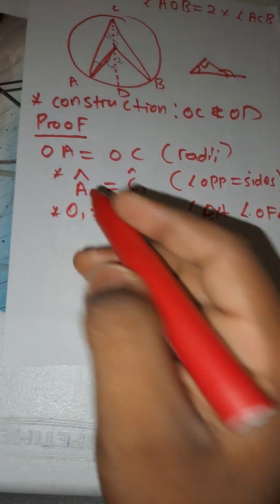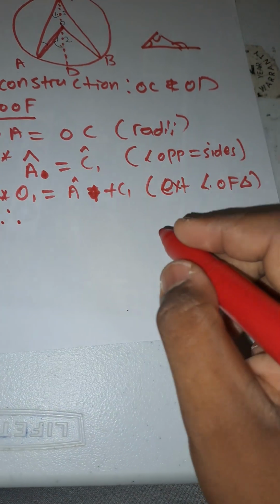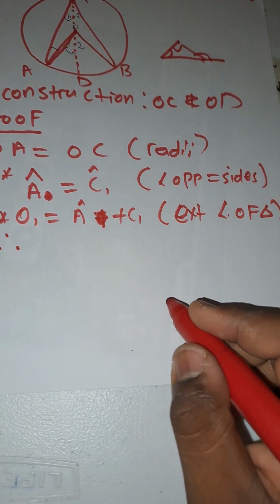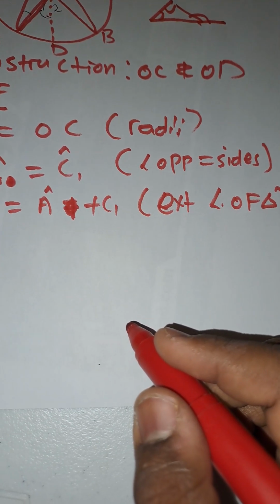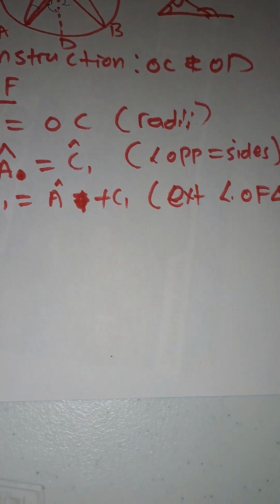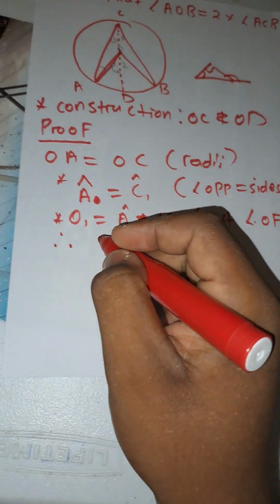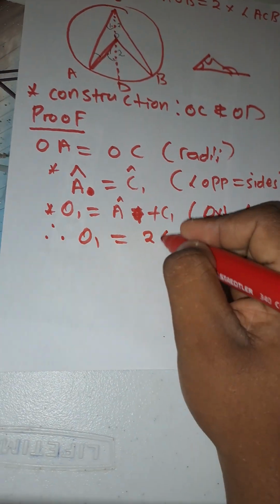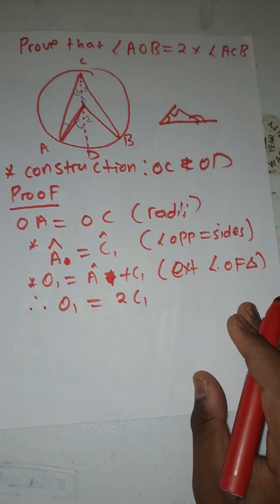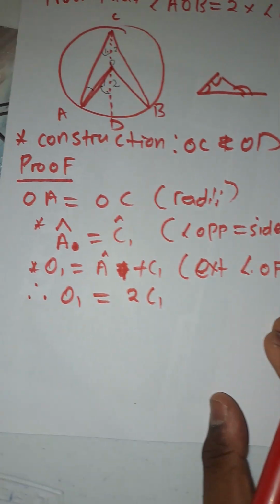So, therefore, O1, it is equals to 2 times C1.